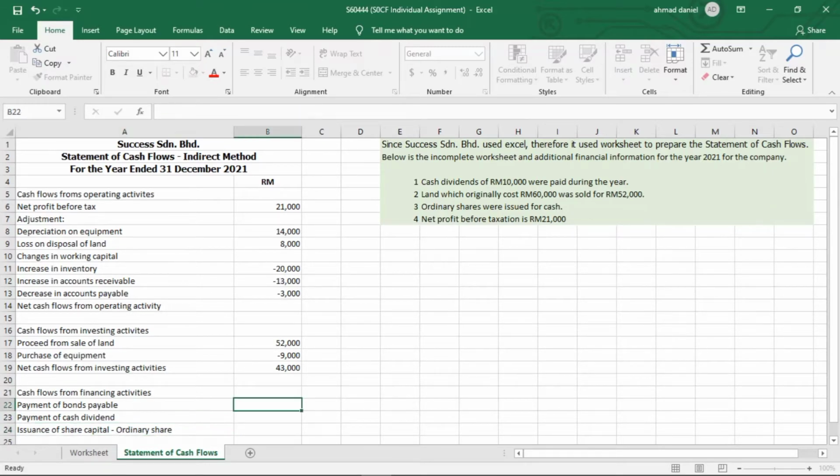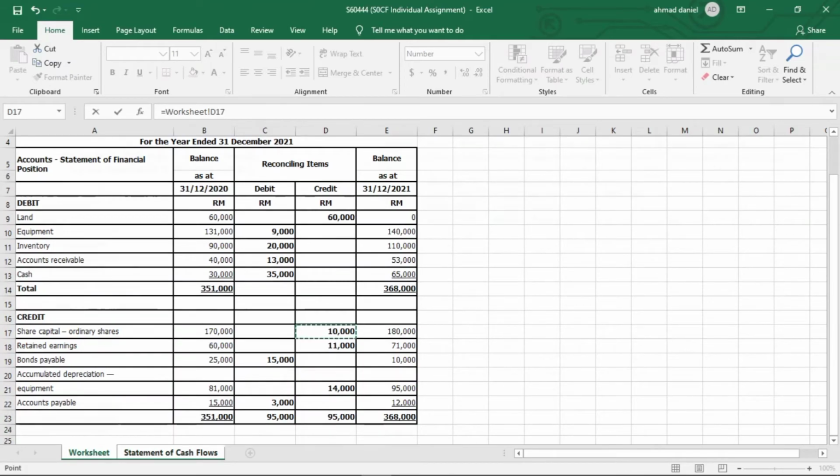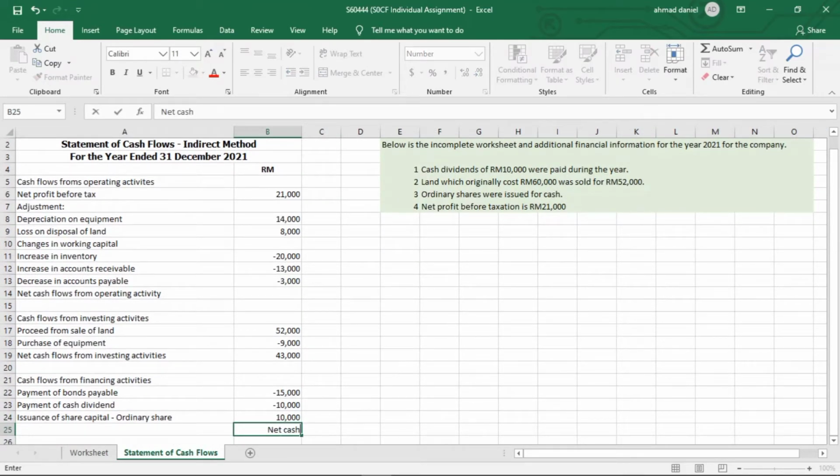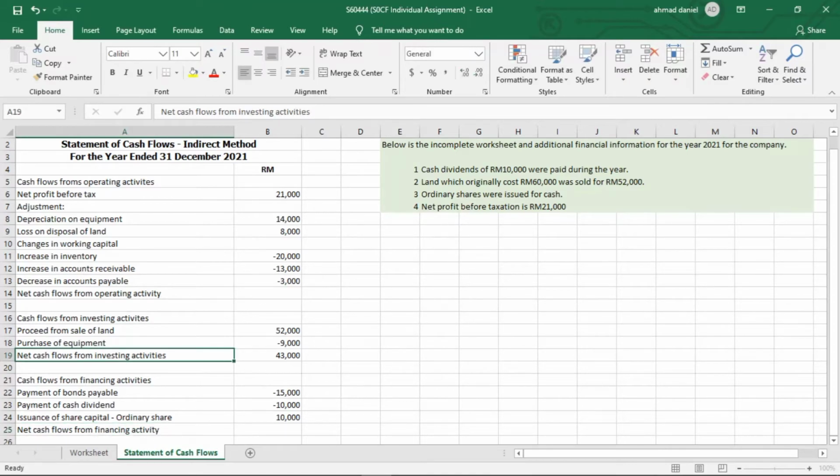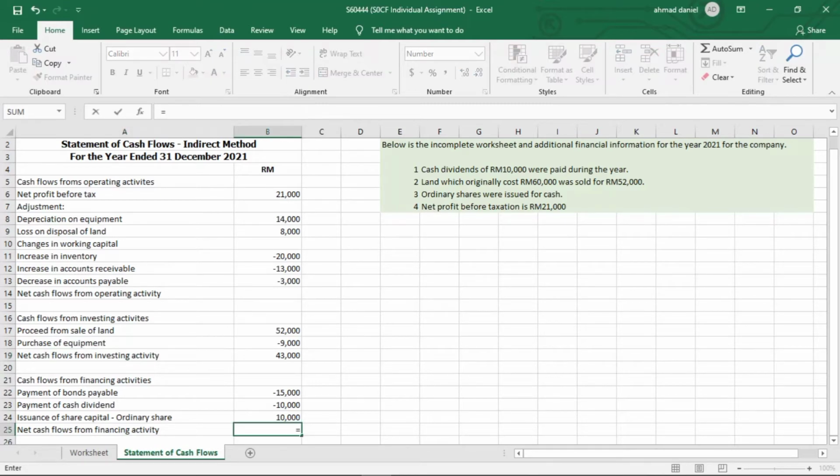If payment, we will deduct. Issuance of share capital, we will take the amount from this, 10,000. We sum.